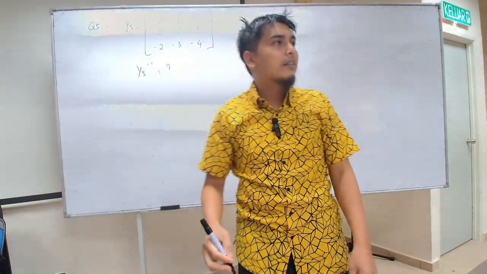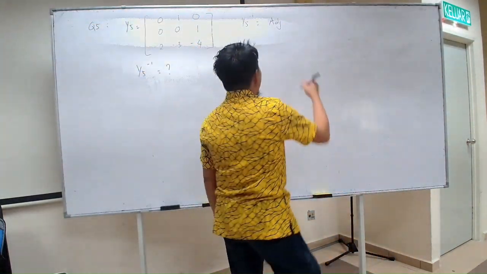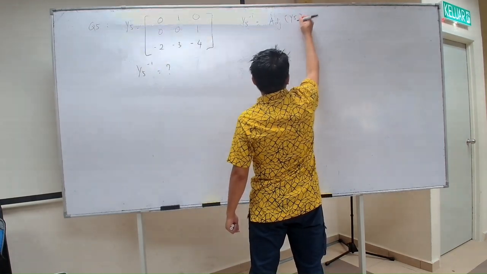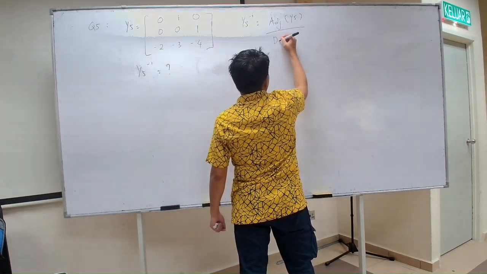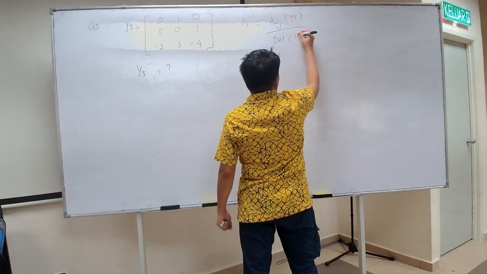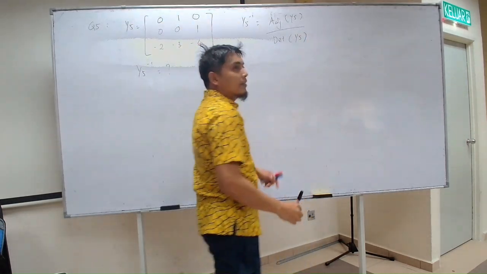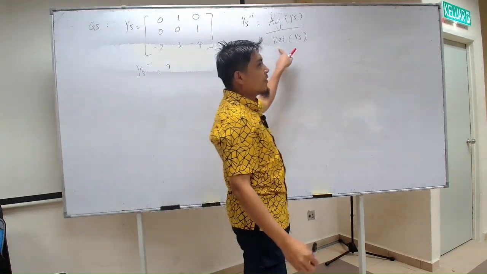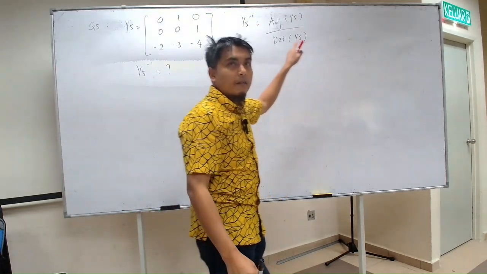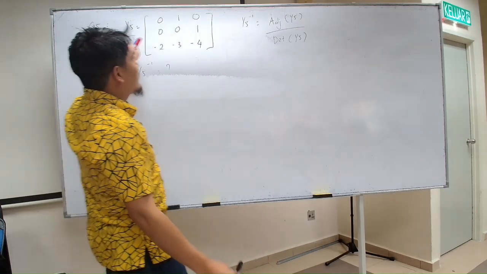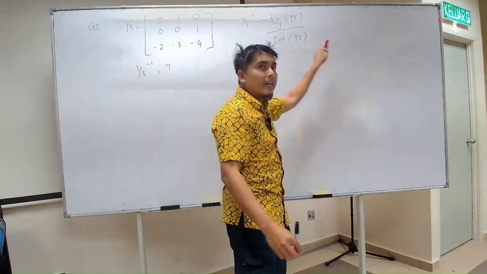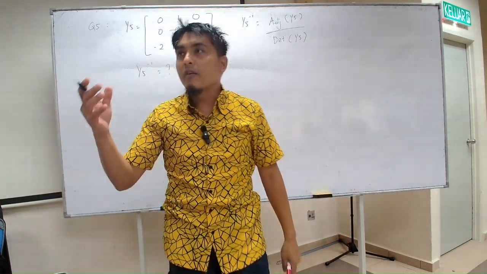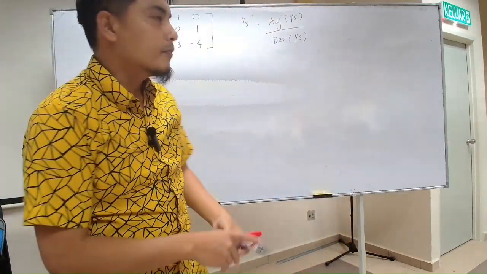ADJ refers to the adjoint of Y5 divided by the determinant of Y5. It depends. If your matrix is Y5, you need to find the determinant of Y5. If your matrix is A, you need to find the determinant of A. It depends on your equation. Okay, next.